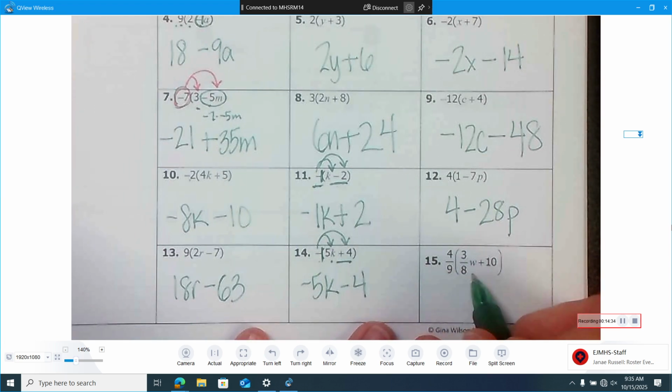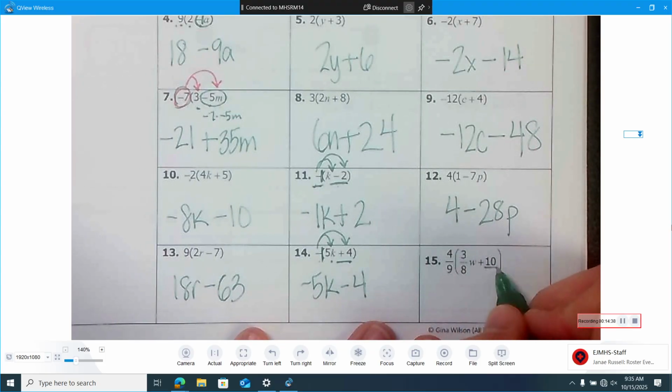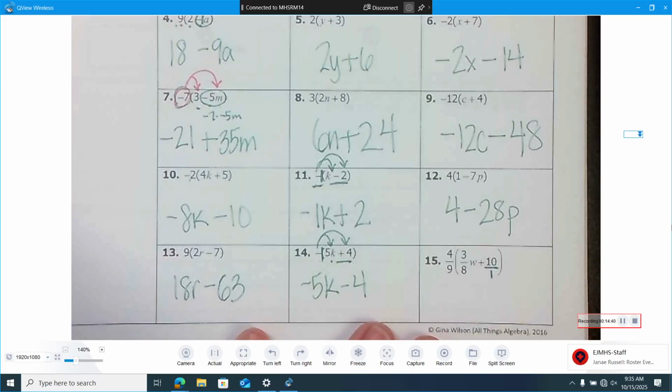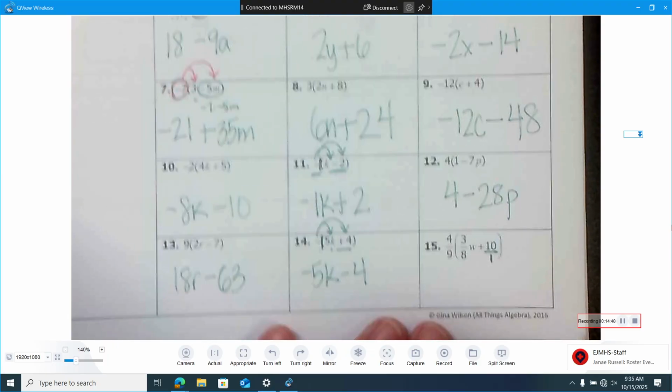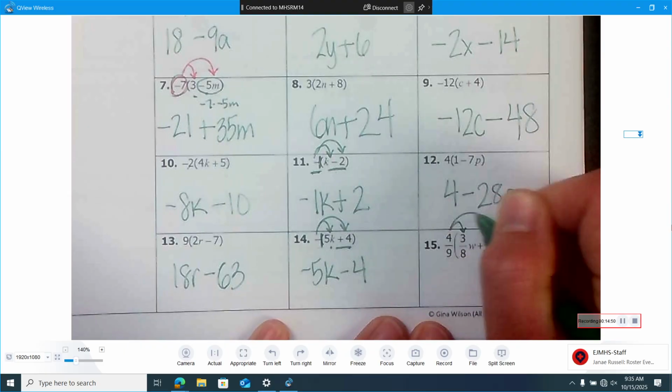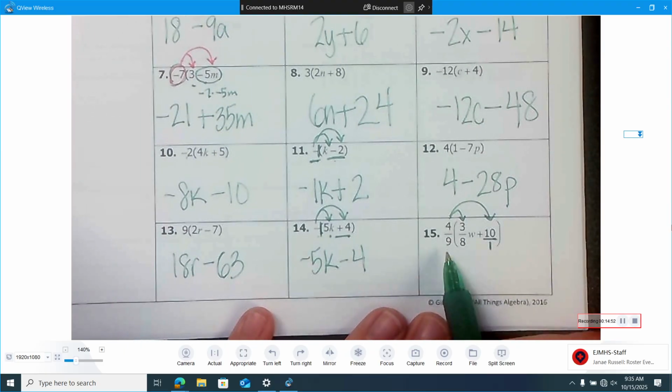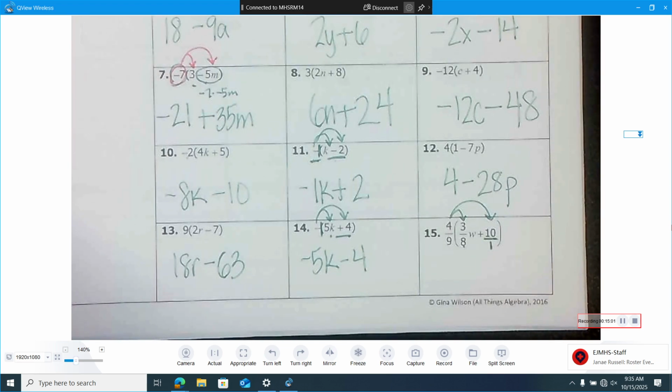I have fractions here. So the first thing I want to do is just say everything a fraction. I'm going to turn that into 10 over 1. Multiplying fractions you should never be afraid of because it's the easiest thing in the world. So we're going to distribute our 4/9, and if I'm multiplying 4/9 times 3/8, how do we multiply fractions?